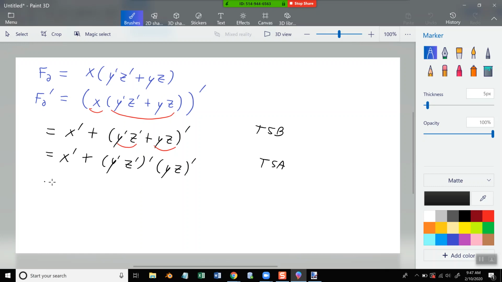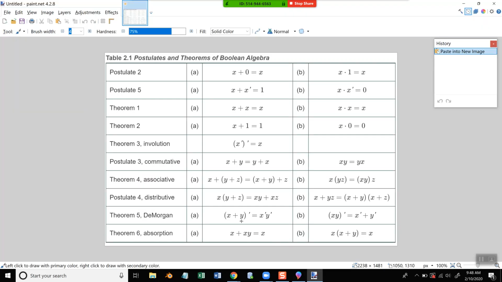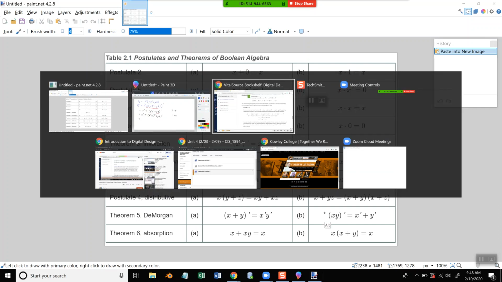So then, now I got two things multiplied together and a prime on the outside set of parentheses. That's this right here, theorem 5a, theorem 5b.